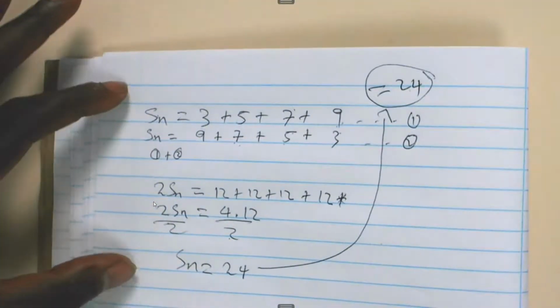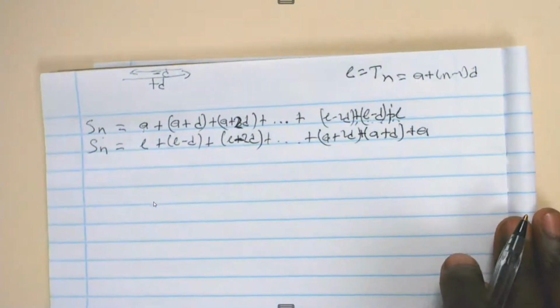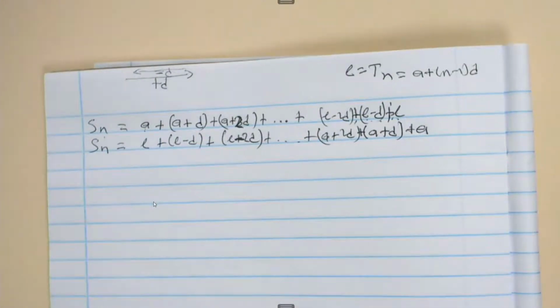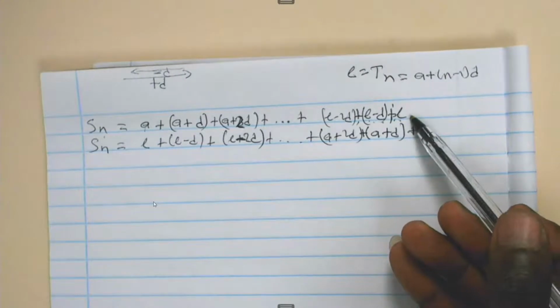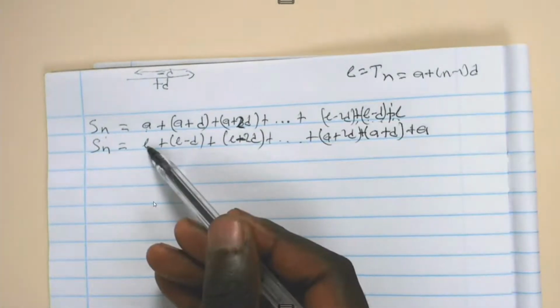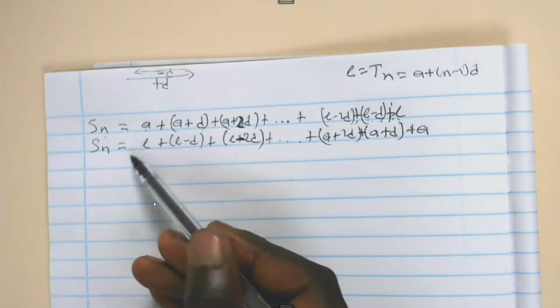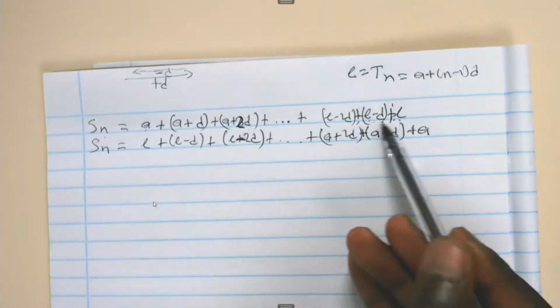Now, with this process in mind, we can attempt to do it when we have the variables. Remember how we obtained 24 on the other side. We started with 9 going back to 3, and then we did the same here when we have the variables.